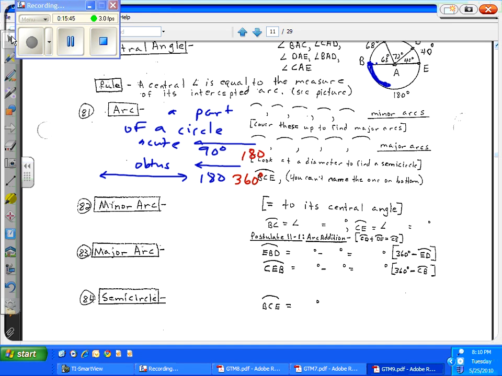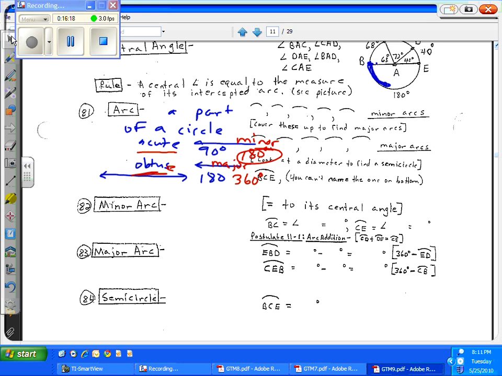So halfway would be 180, and so our subdivisions come in relationship to 180 and 360 on a circle rather than 90 and 180 like it does on a line. Instead of saying acute for the little ones, we say minor on arcs. Instead of saying obtuse for the big ones, we say major. And then for the 180, we don't say straight, we say semicircle because it's half a circle.